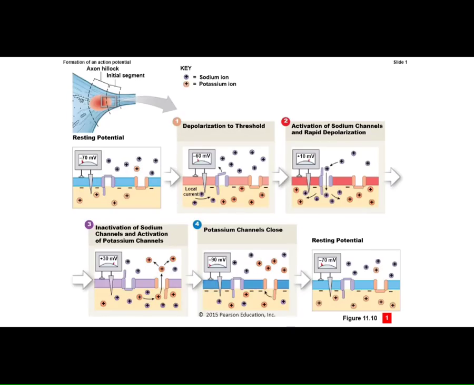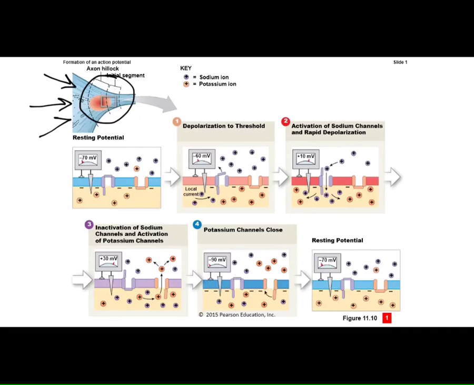Now let's take a look at this in a couple different ways. This is the cartoon representation. Let me break this down for you. Here we are, we're in the neuron, at the area called the axon hillock. There has already been lots of stimuli coming in.